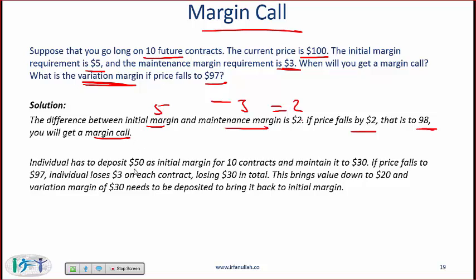If an individual has to deposit 50 as initial margin for 10 contracts and maintain it at 30, if the price falls to 97, the individual loses 3 on each contract, losing 30 in total. This brings the value down to 20, and the variation margin of 30 needs to be deposited to bring the money back up to the initial margin.